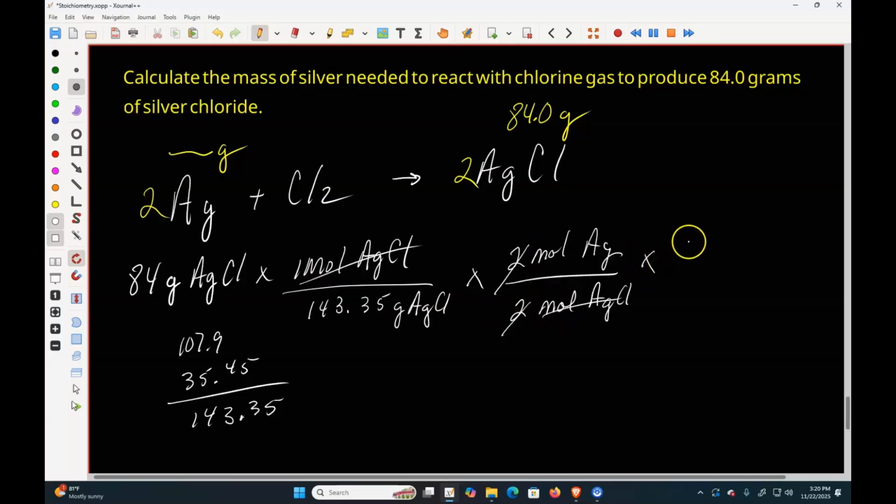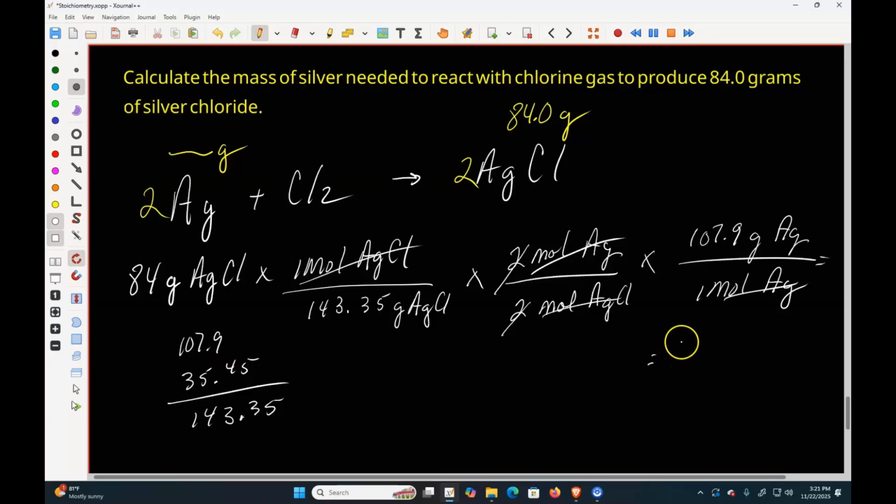I'm looking for grams of silver, so the molecular weight of silver is 107.9 grams over 1 mole of silver. So it's 84 times 107.9 divided by 143.35, which gives me 63.22 grams of Ag.